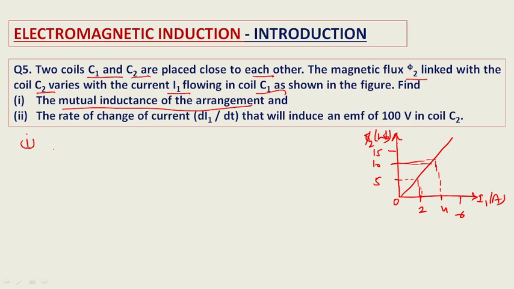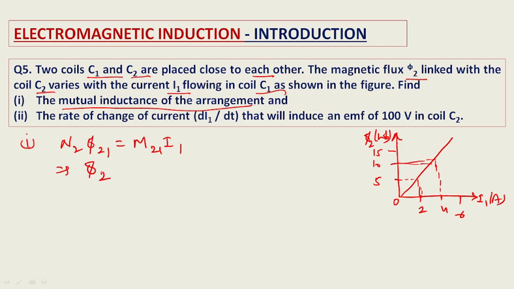So we know that N2 phi 21 is equal to M21 I1, okay, M21 being the mutual inductance of the coil due to current flowing in coil 1, I1. Here N2 is not given, so we can write it as phi 2 only.